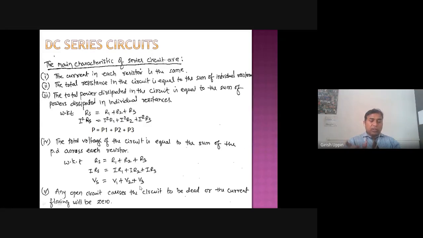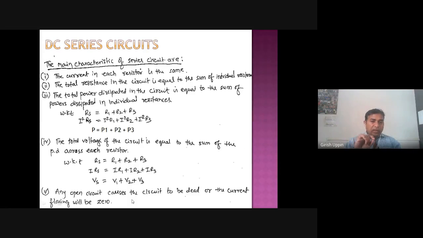So whatever voltage is applied to the series combination is equal to the sum of the voltages across each of these resistors. And the last property is that any open circuit causes the circuit to be dead, or the current flowing will be zero.